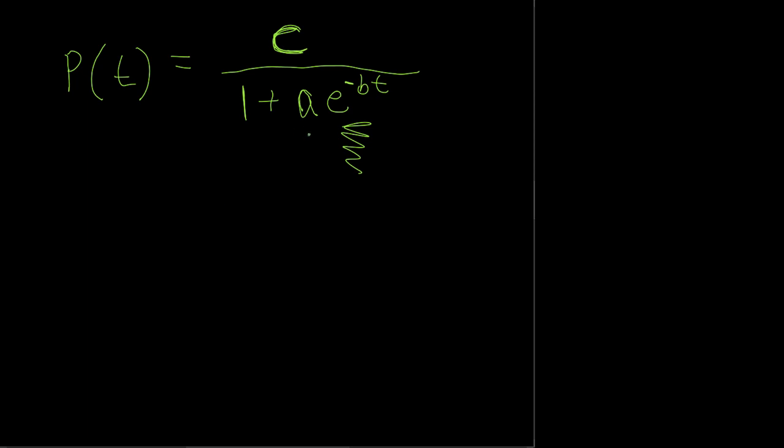Notice this is a negative exponential. So as time goes on, if time were to go out to infinity, this would get close to zero, and this would reach the carrying capacity.